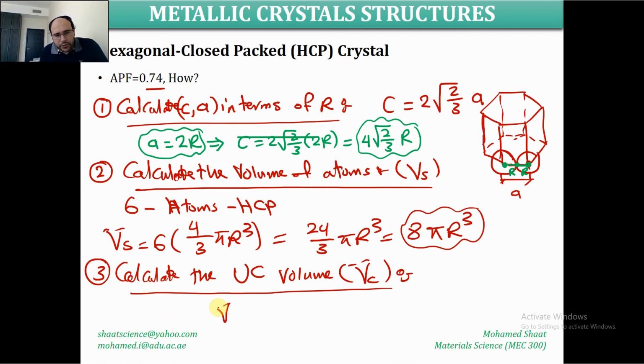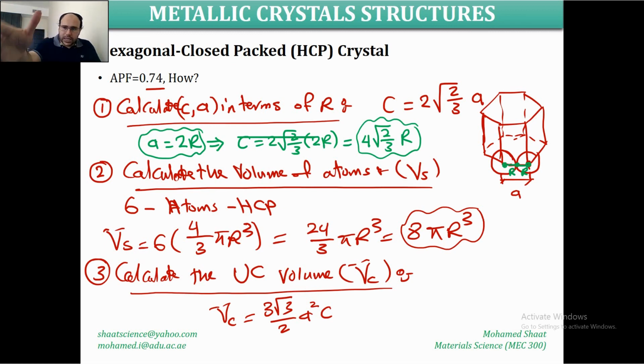So the volume for this hexagonal shape, and this is something you have to memorize as well, is 3 square root of 3 divided by 2 times a squared times c. This is the volume of any hexagonal shape. Here we are talking geometry, not material science. For any hexagonal shape, it is 3 square root of 3 over 2 a squared c. As we said, for example, the volume for the sphere is 4 over 3 pi R cubed, and the volume for the cube is a cubed.